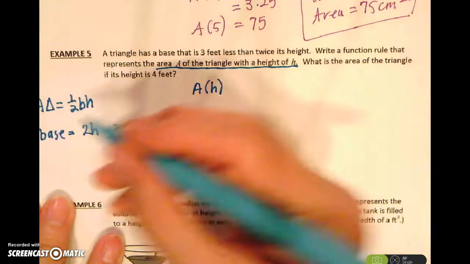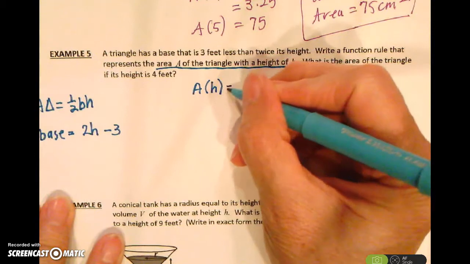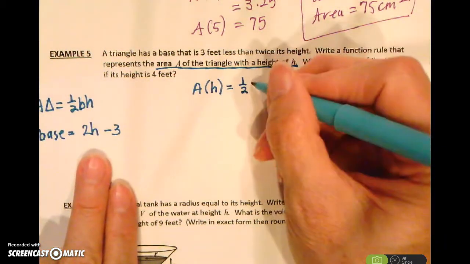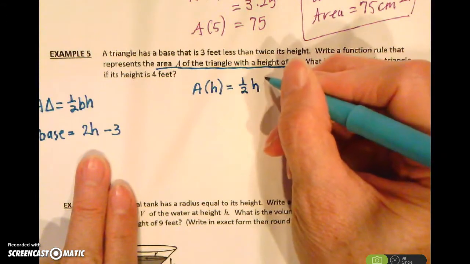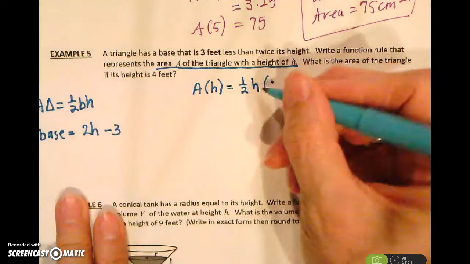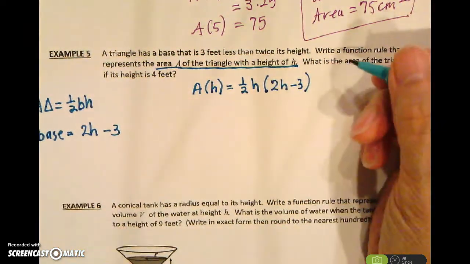So when we come over here and do 1/2 of base times height, that's going to be equal to 1/2. I'm going to put the h first, so h for the height, and then times the base, which is going to be, from right here, 2h minus 3. And we can leave it like this.